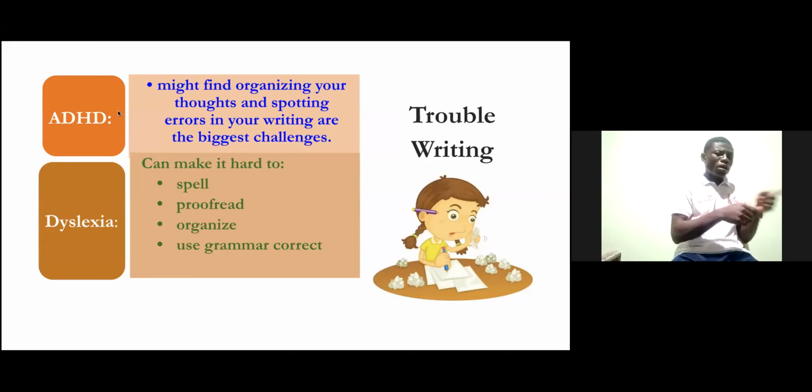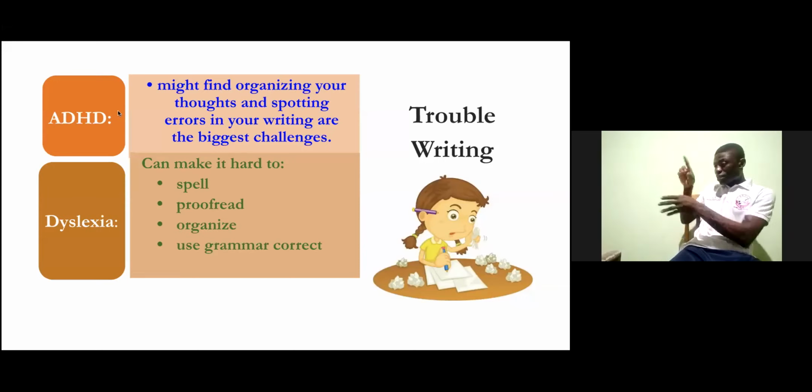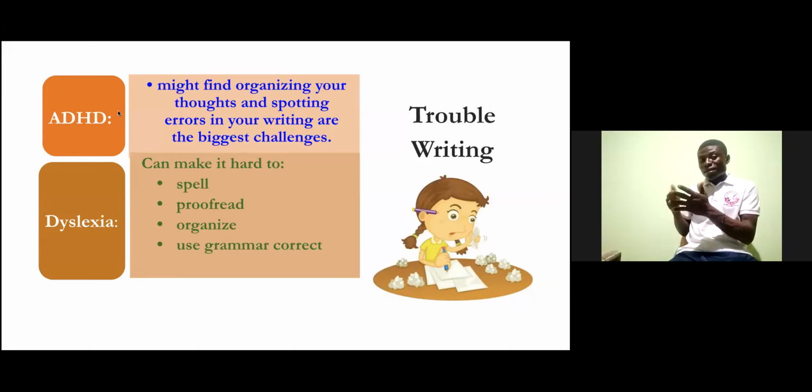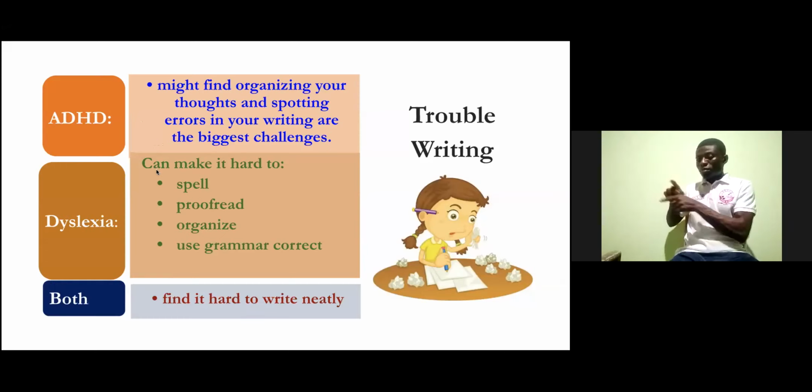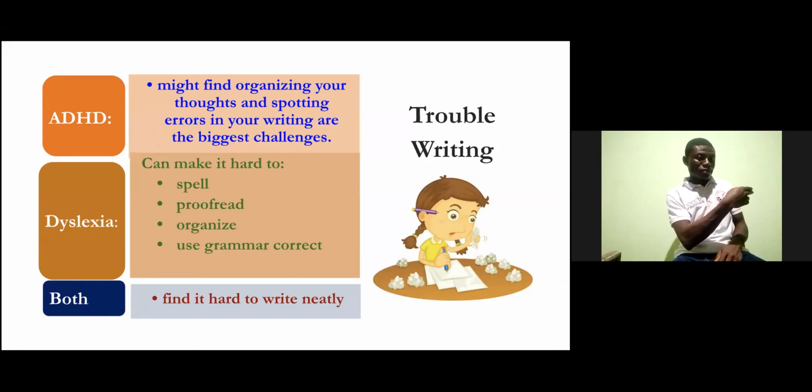And dyslexia can make it hard to spell, proofread, organize, and use grammar correctly. So these were the troubles in writing. And both find it hard to write neatly. The kids with ADHD as well as dyslexia find it hard to write neatly.